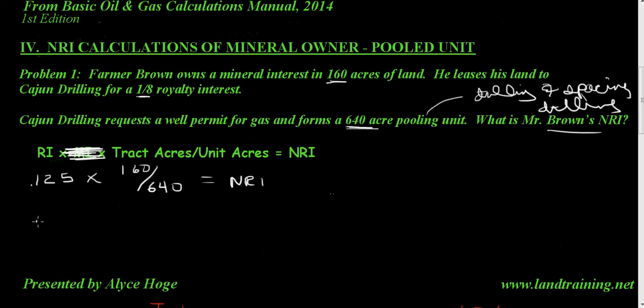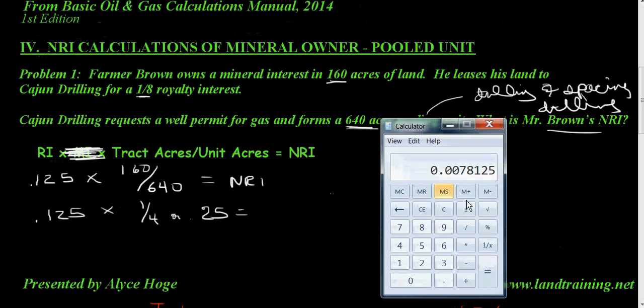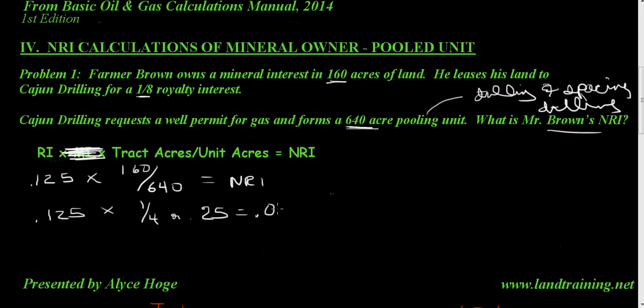If we do this calculation out, we know 1/8 is 0.125, and 160 over 640 is 1/4, or 0.25. So this answer is going to be 0.125 times 0.25. It's going to equal 0.03125. Already you can see how we're starting to get these really long decimal interests. So that net revenue interest is 0.03125.